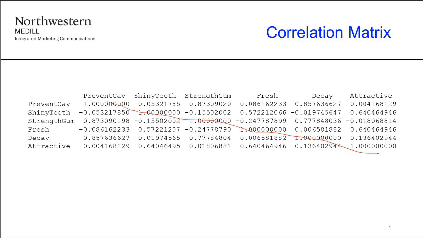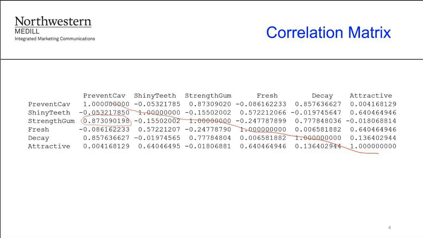Then which variables have high correlations? For example, here the prevent cavity and the strengthen gums correlation is over 0.87. I'm sorry, over 0.87. So the correlation between prevent cavity and strengthen gums is pretty high.